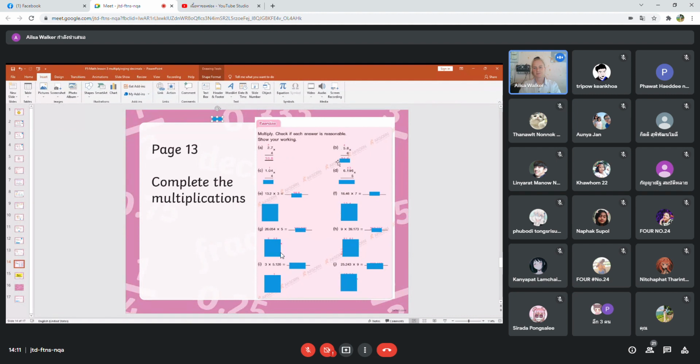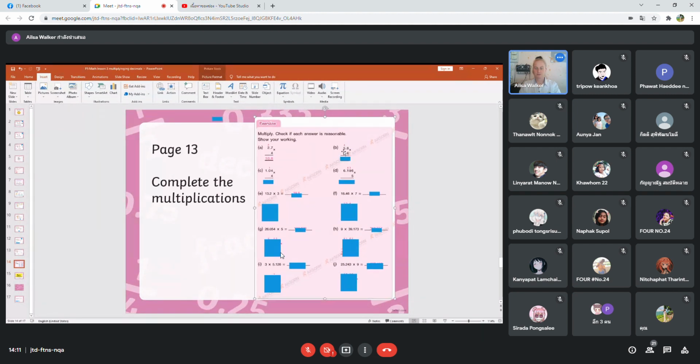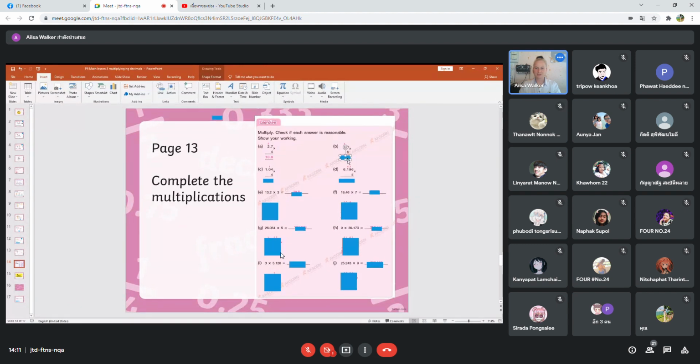Okay, B. 5.8 multiplied by 6 equals. Did anybody get the answer?